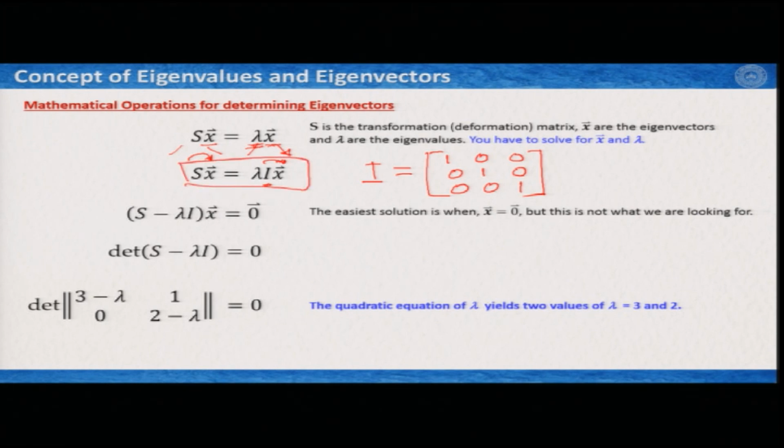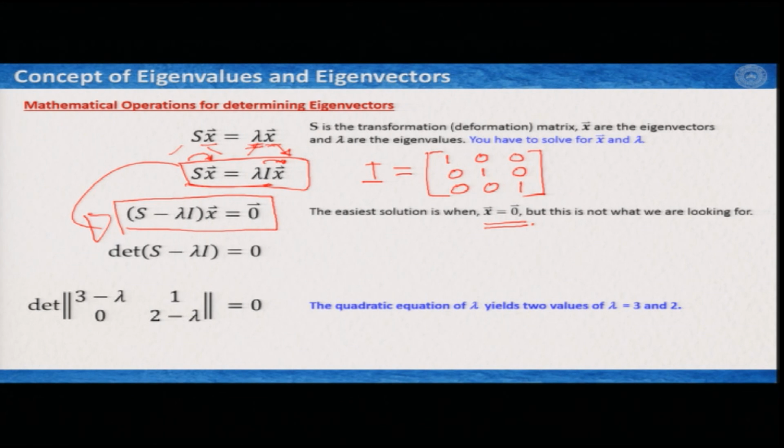Now taking over from this equation, we can write the equation where I just change the positions to opposite sides, and the easiest solution you can get for the x vector is when x equals 0, but that is too easy, and this is exactly what we are not looking for.